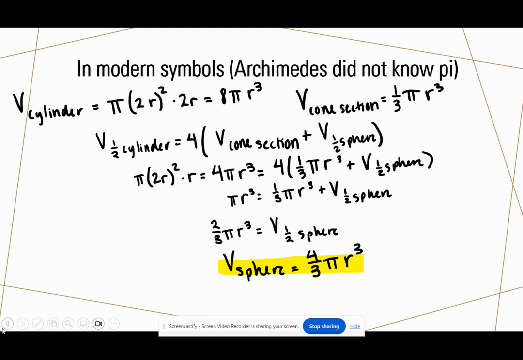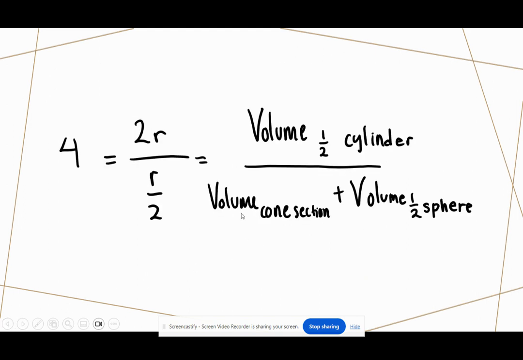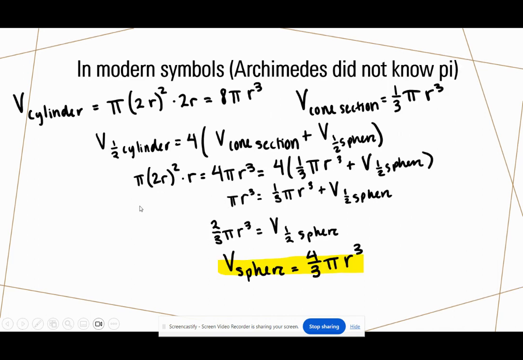So then we can plug all of these into this. This is just a simplified version of this equation over here. Since we know that it equals 4, you can multiply both sides by the denominator to get this: the volume of half the cylinder equals 4 times the volume of the cone section plus the volume of 1/2 the sphere.